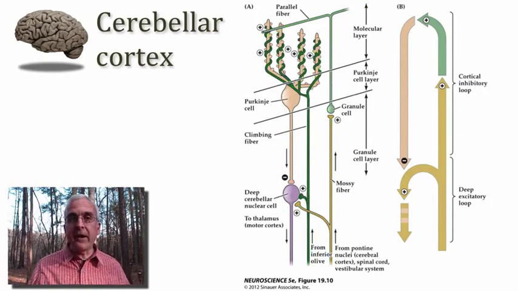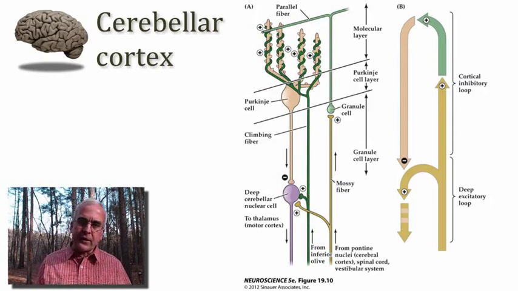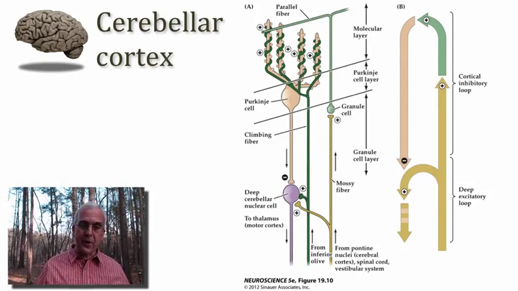But to put all this in action, I would suggest that we conceptualize these connections as consisting of a deep or a main excitatory loop and a cortical inhibitory loop that runs through the Purkinje neuron and back down to the deep cerebellar nucleus. So here's what I have in mind.